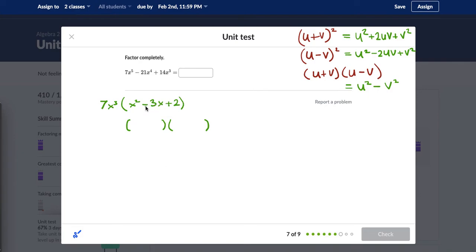They've got to be both negative because our middle term is negative, so we're looking at 2 and 1, so negative 2 and negative 1. Negative 2 plus negative 1 is negative 3, so that works for us. And don't forget, we have a 7x cubed on the outside, and that's it. We're good with that.